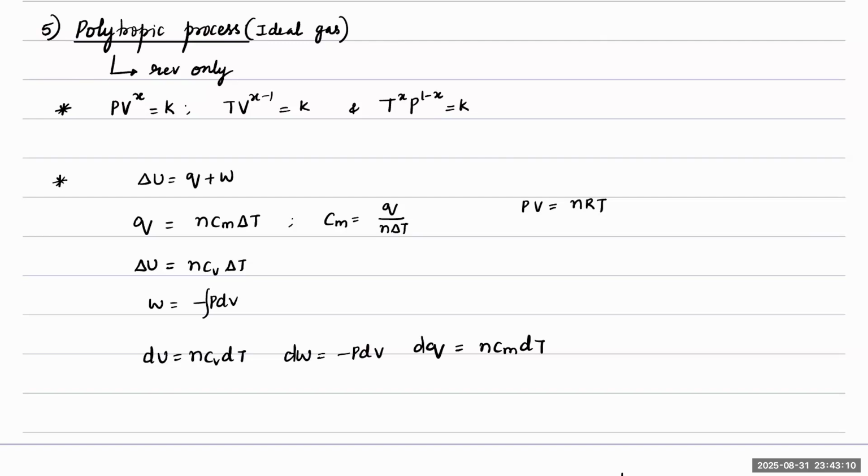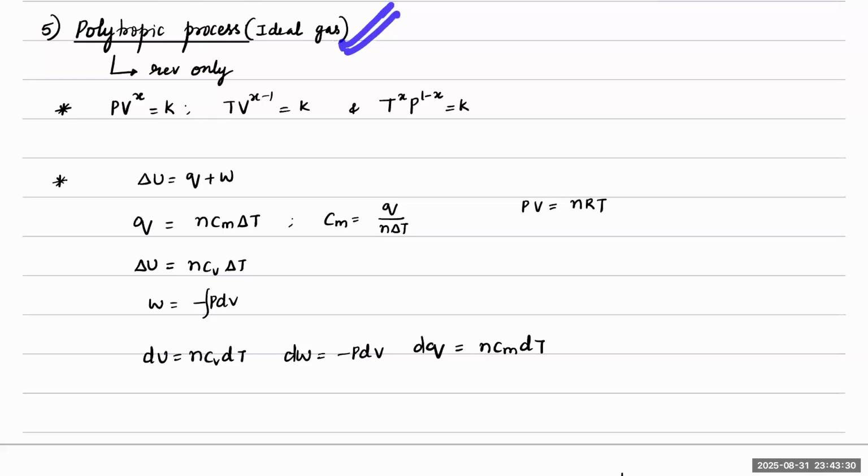Okay. If these three equations are valid for some value of x, that is a generalization here. Okay. For some value of x, if this relation is observed, then we say it is a polytropic process.